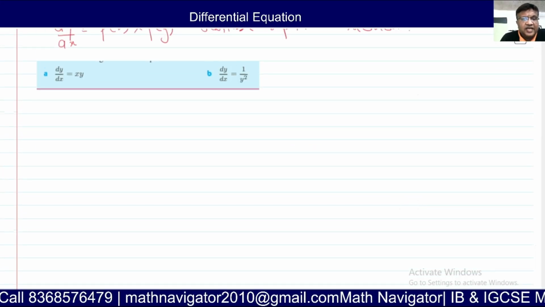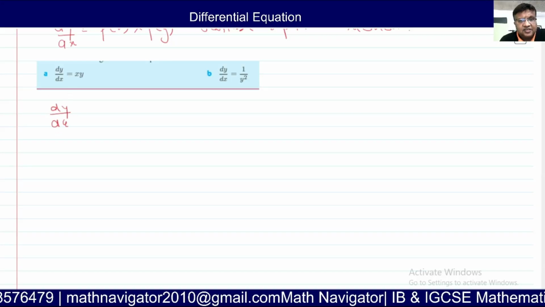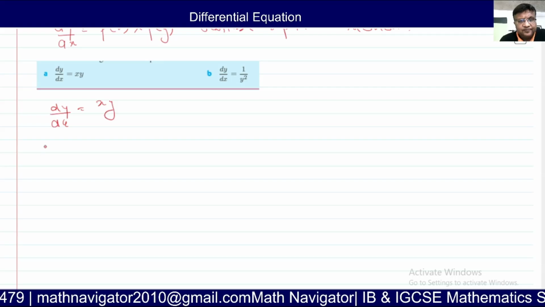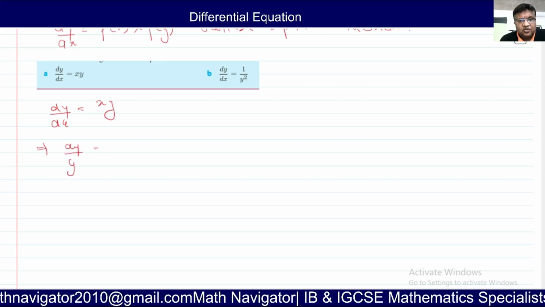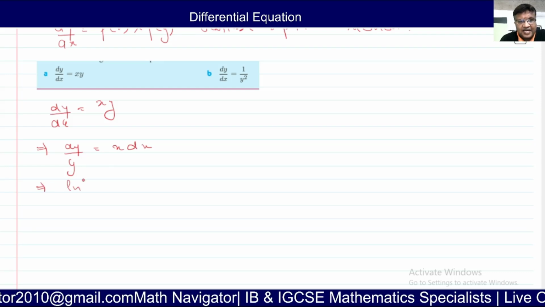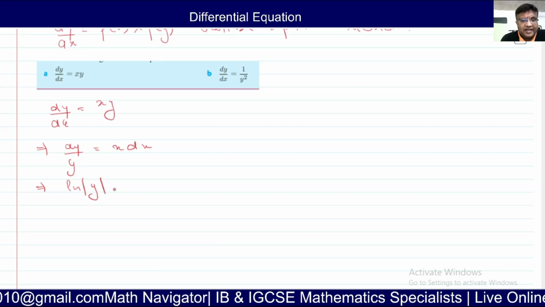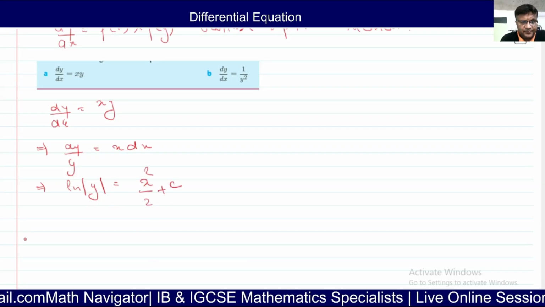Here we have dy by dx is equal to xy. How can I solve it? dy over y is equal to x dx. So here I got ln|y|, always this is the magnitude, equal to x squared by 2 plus c.